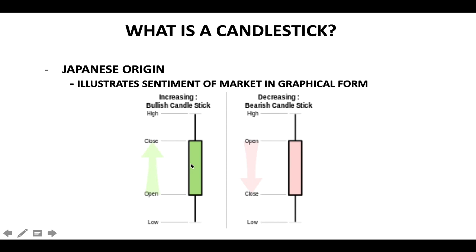These indicate the rejection of price at these areas. Between the high and the close is effectively your bearish rejection of the price, and between the low and the open is effectively your demand, your bullish momentum and bullish power within that session.